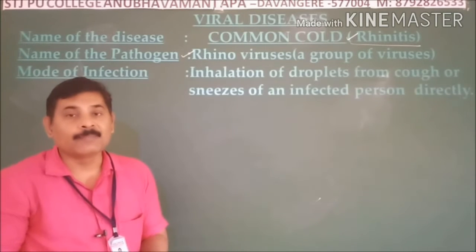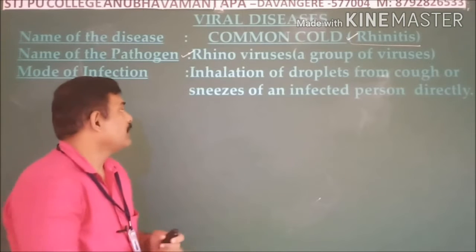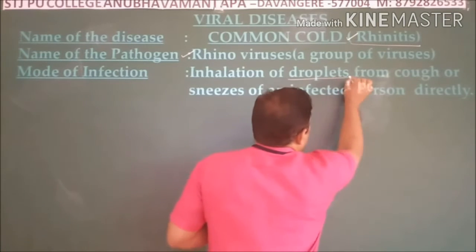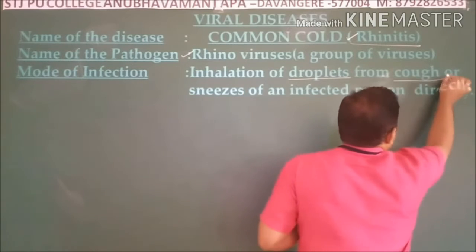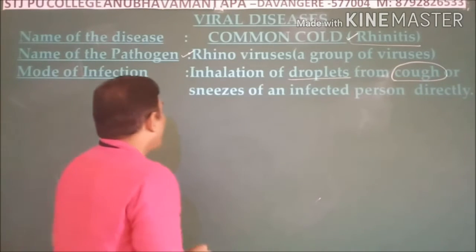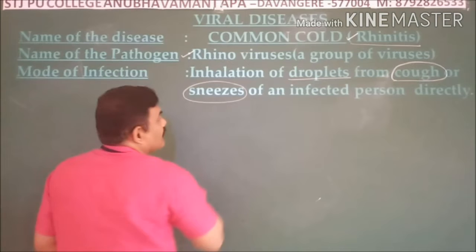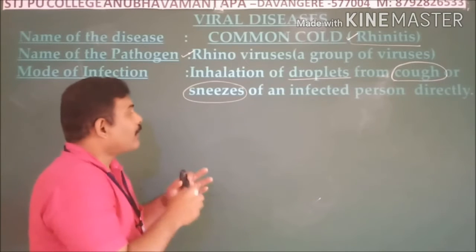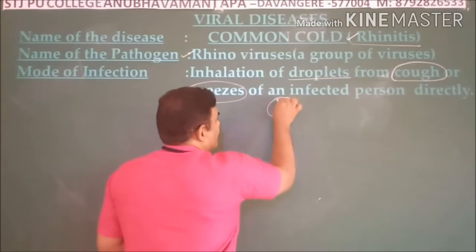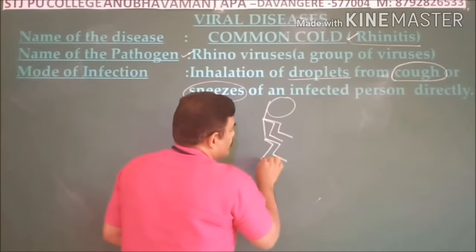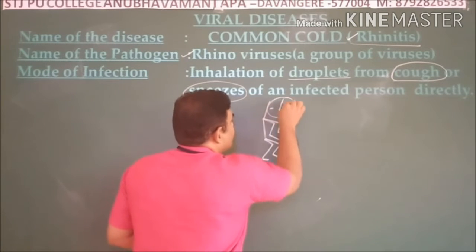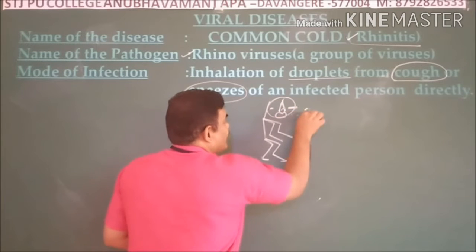That is the first mode of transmission. As I said, the droplets of an infected person when he coughs and sneezes get transmitted directly from the affected person to another person.